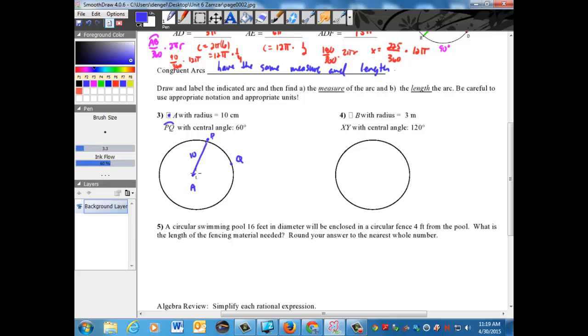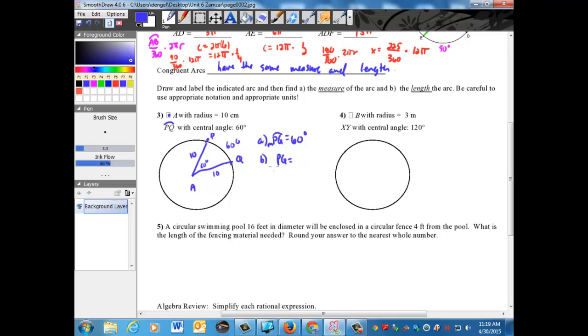And let's draw this out. And so they're saying that this angle here is a 60-degree angle. We would know that this length is also 10, and so we can put 60 degrees here. So to answer A, the measure of the arc, we can say that PQ is 60 degrees. And I should have put an M here. It's the measure. All right, B asked for the length of PQ, so there's no M, it's just PQ.